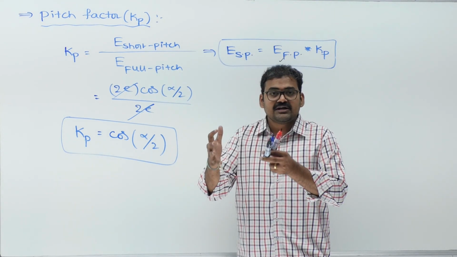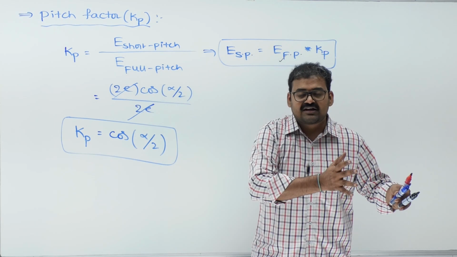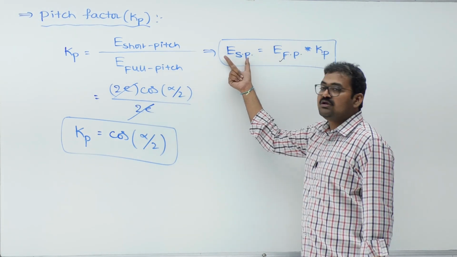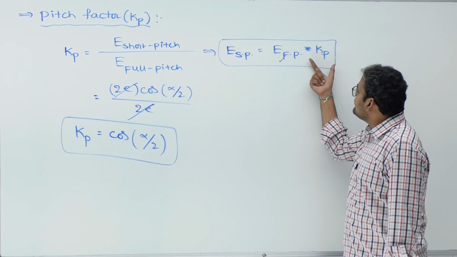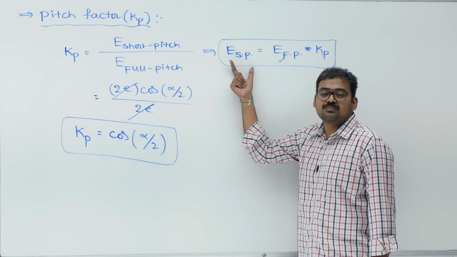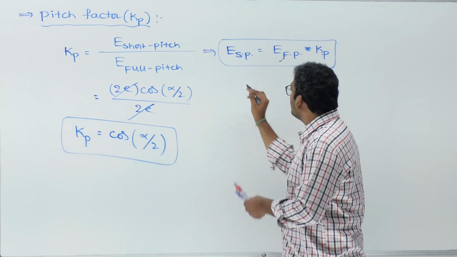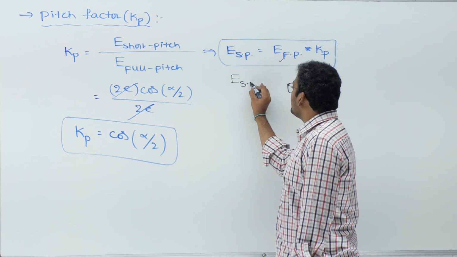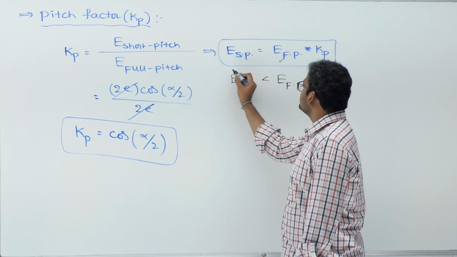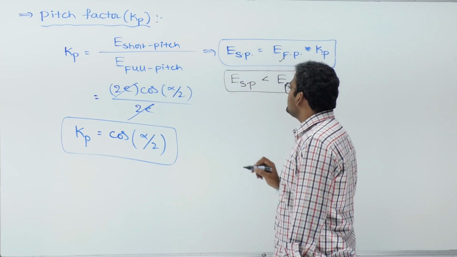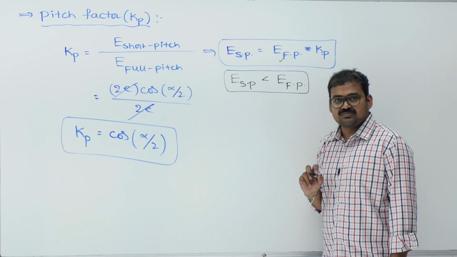Always try to calculate the algebraic sum value and then multiply by the corresponding factor, and we will get the distributed coil voltage. So first find out the full pitch coil voltage, multiply with pitch factor so that we get the short pitch coil voltage. Understand? Fine. And don't forget, a short pitch coil voltage is always less than a full pitch coil voltage, because short pitch coil voltage is a vectorial sum, and full pitch coil voltage is an algebraic sum.